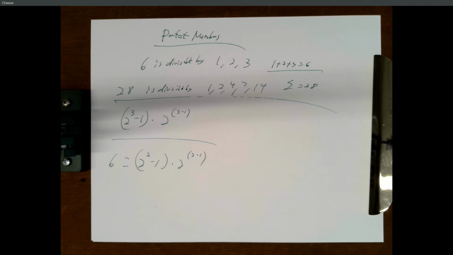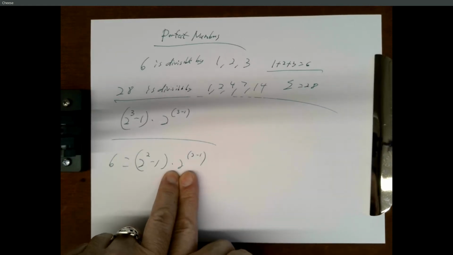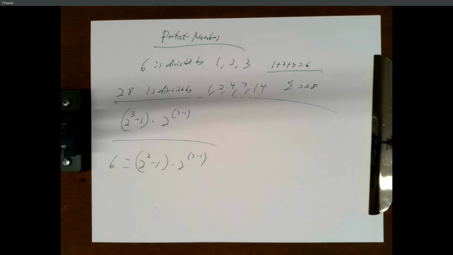And it turns out anytime you get a Mersenne prime, you get a perfect number. But we don't know if that describes all perfect numbers, and in particular, we don't know if there are any odd perfect numbers. This is always going to be even because you're multiplying by a power of 2. But are there any odd numbers where the sum of the factors adds up to the number? That's another open question.